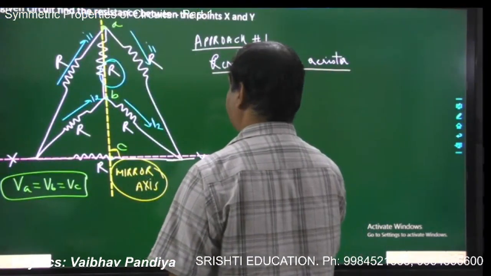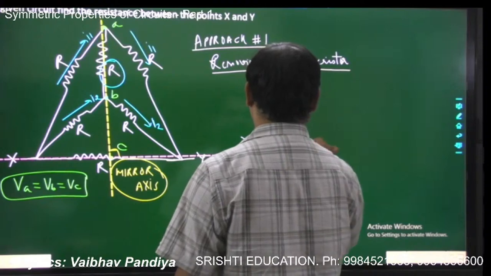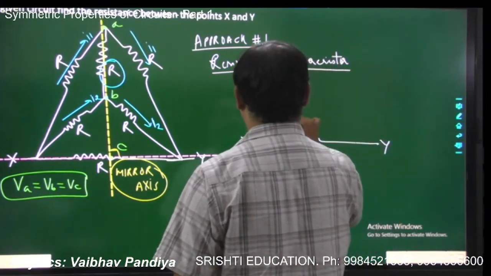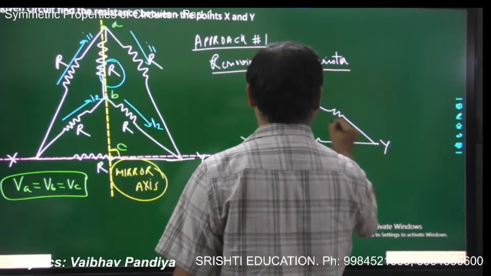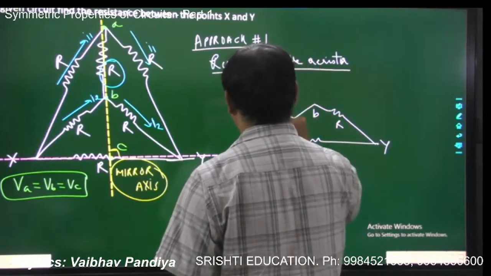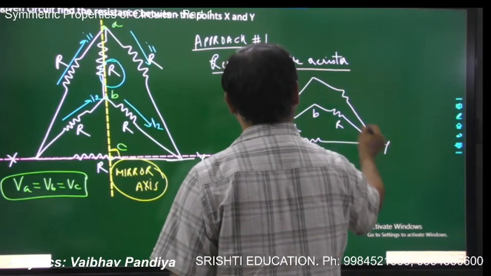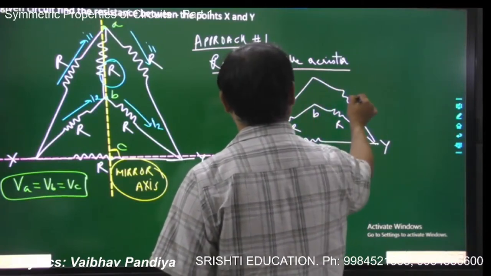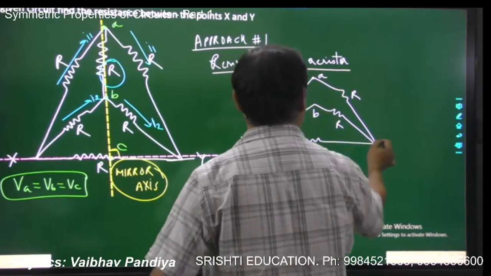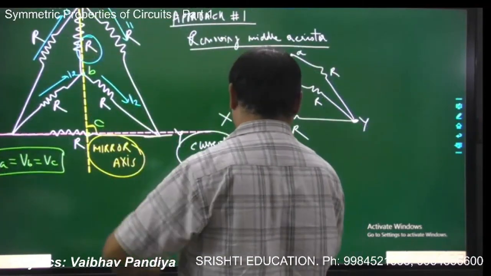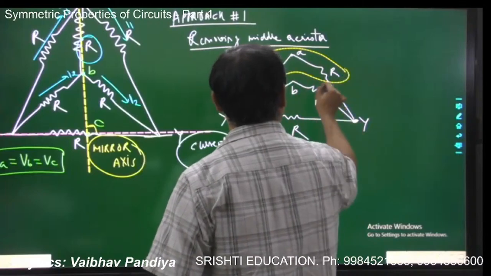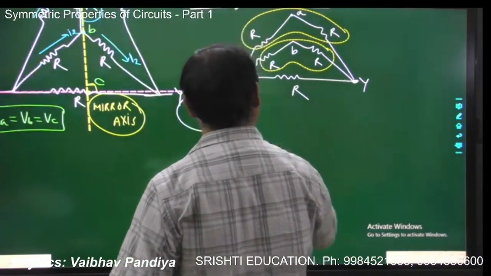This is your target point X and this is your R. Now I will have this is a point B and this is R and this is R, and then I will have this is R and this is R, and this is a point A, and the target points are X and Y. So between X and Y you can clearly see this is the series combination, this is the series combination.